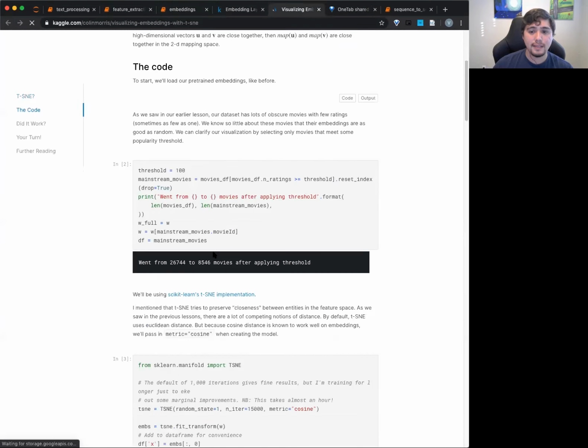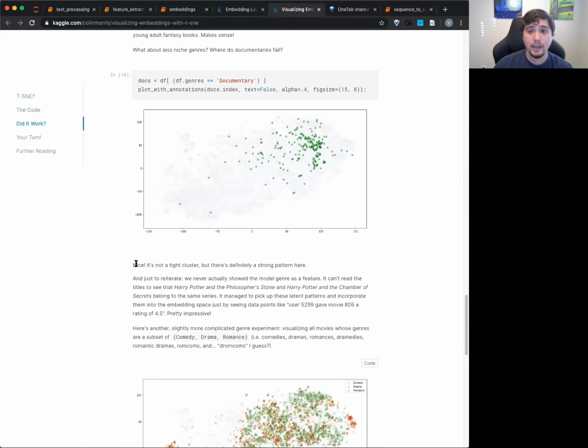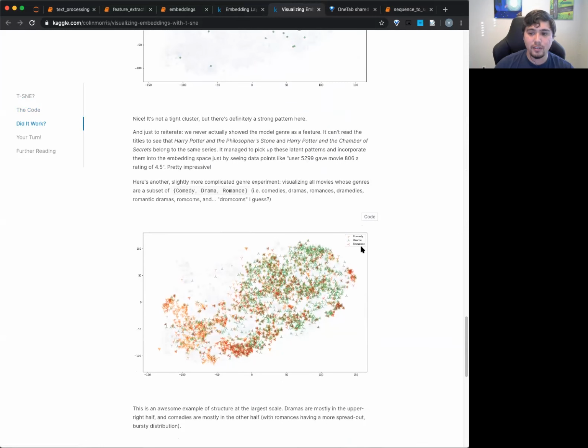One classic thing is visualizing this. Down here, for example, they show all the documentary movies, and what's kind of cool is that you can see they're clustered together. Remember, these are all just vectors. This is comedy, drama, romance. It's kind of small and hard to tell with these colors, but you can see drama tends to occur over here, where comedy, in this yellowish color, tends to occur over here.